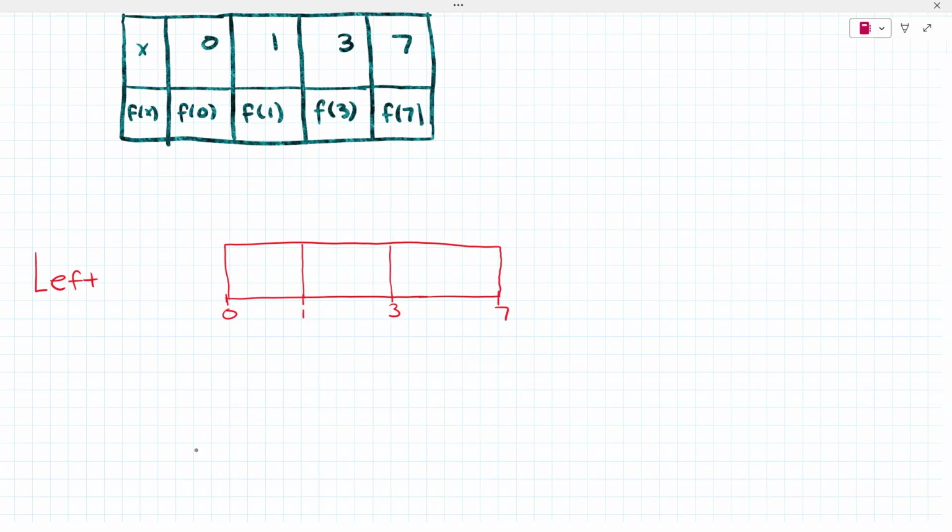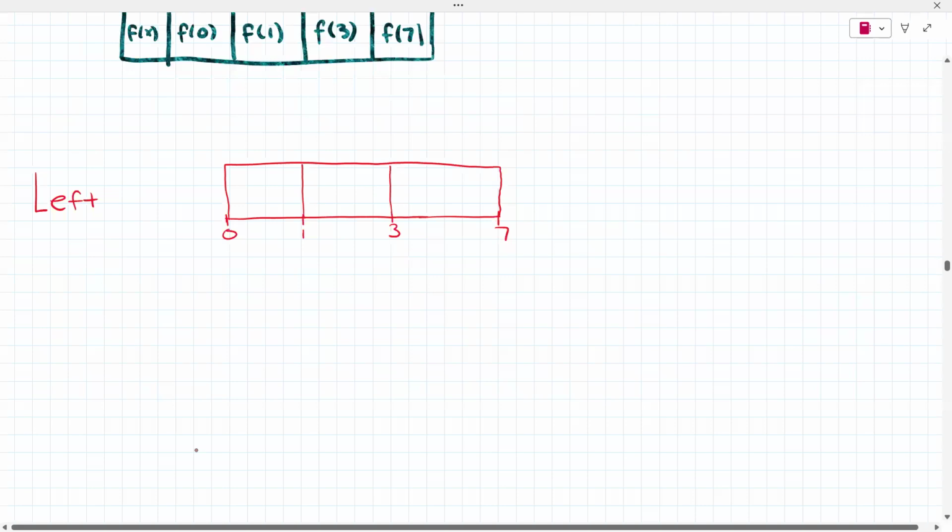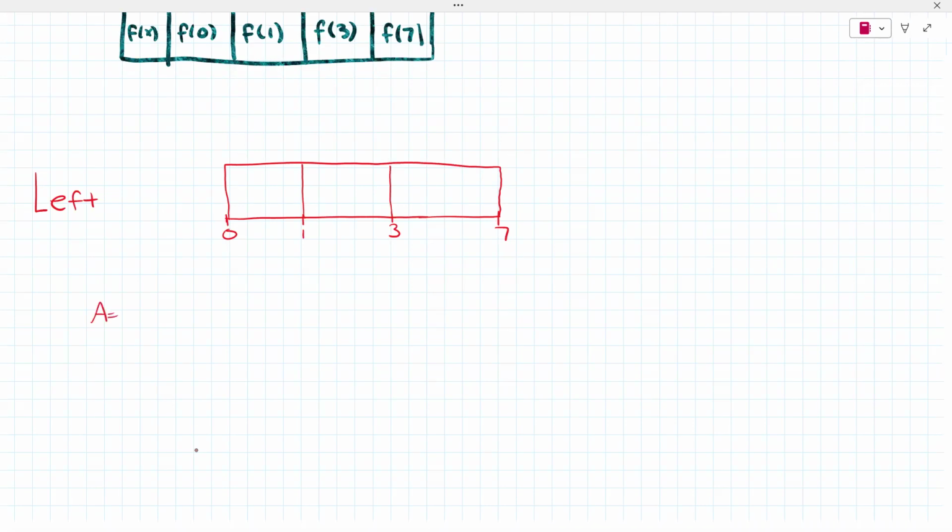So what is an area? What is the area of a rectangle? Because this is eventually a rectangle, the area of a rectangle is base times height.